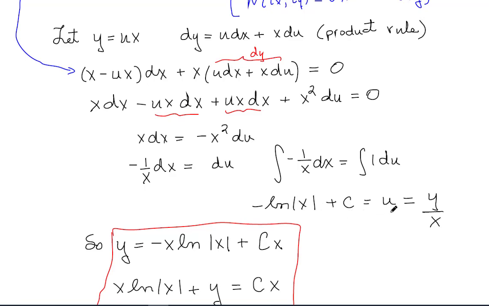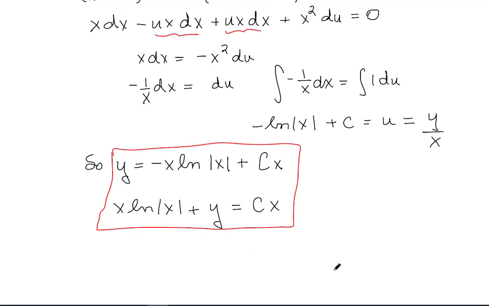But what was u? U is y over x, right? Back up to here. U is y over x. So multiplying through by x, I get y is minus x ln absolute value of x plus cx. And to make it look like the answer that they got, I simply moved this minus x term to the left.